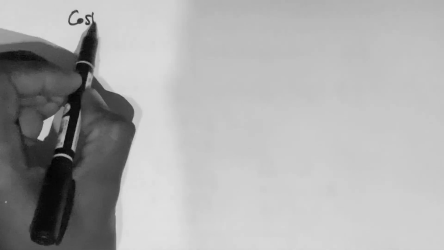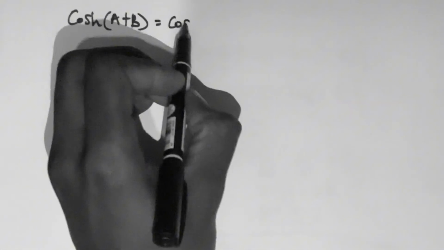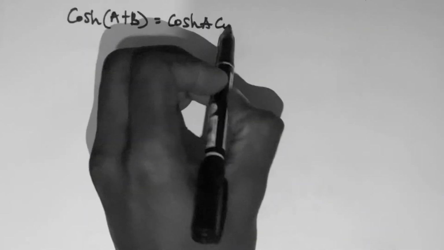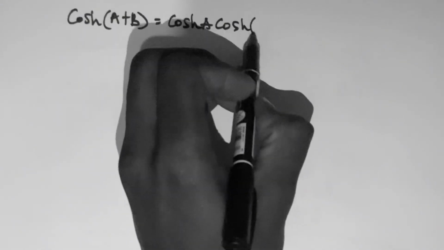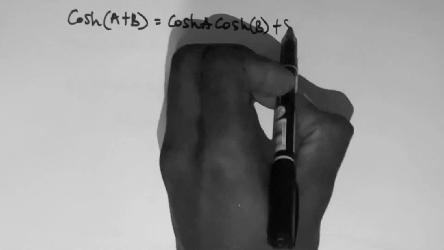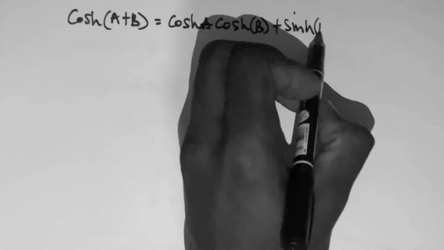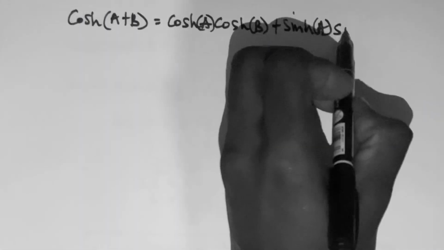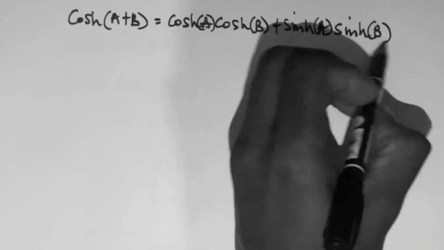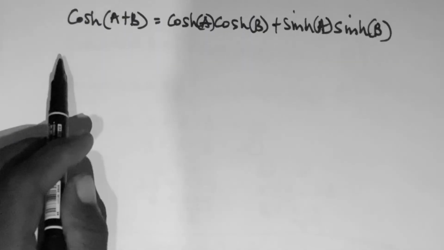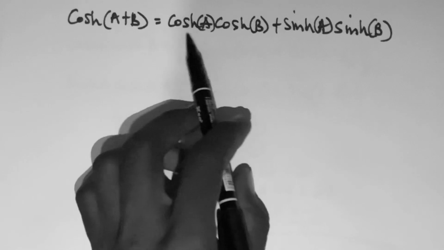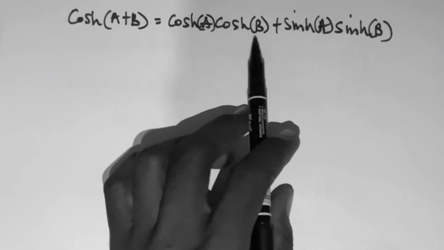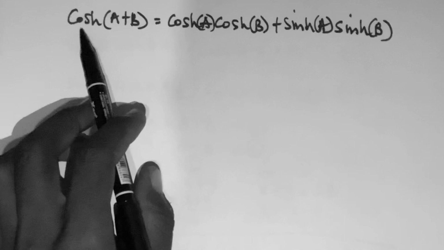Now we said that cosh (a plus b) is equal to cosh a cosh b, and then plus sinh a sinh b. So now let's use the definition of the cosh and then the sinh functions to prove this identity.